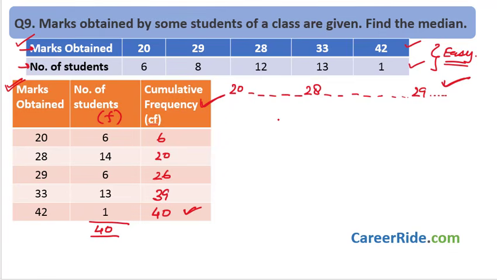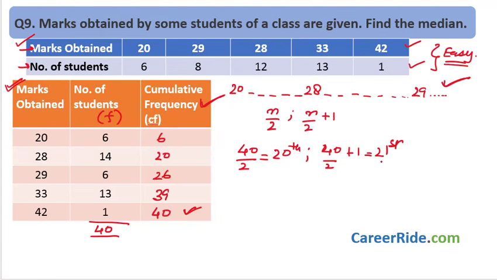Now for an even number of items, we saw that we have to locate the n by 2 and n by 2 plus 1th positions, the data at these positions. So 40 by 2 is the 20th position, and the other one is 40 by 2 plus 1, that is the 21st position.